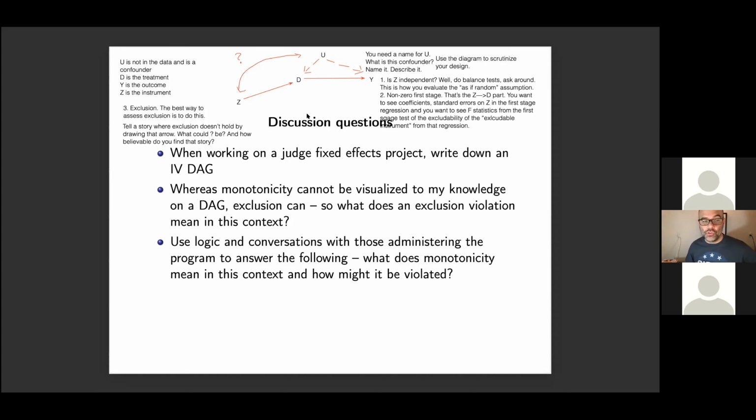Okay. So you're going to do this. You're going to tell a story where Z is confounded. You're going to decide how believable it is. And the reason you're doing that is because someone in the audience is going to do that. You have to go through this exercise because someone else will, even if you don't.